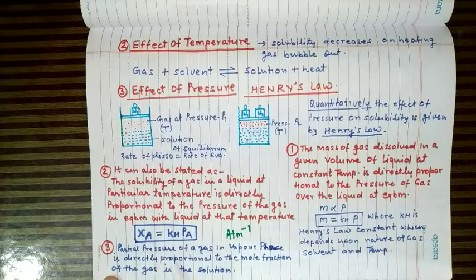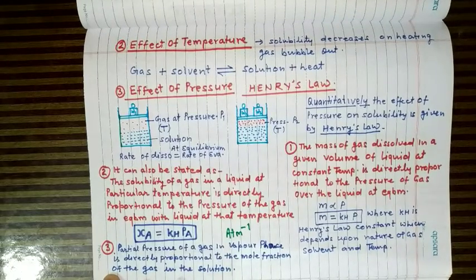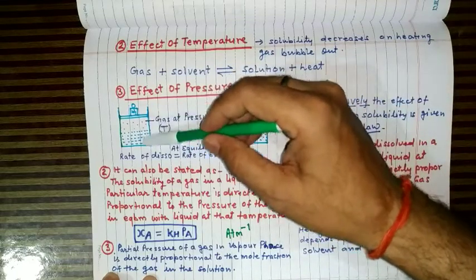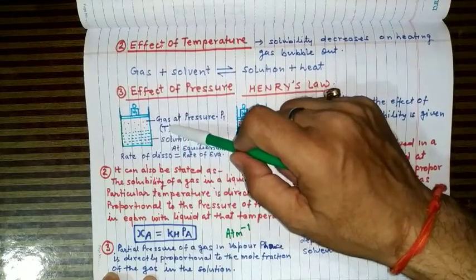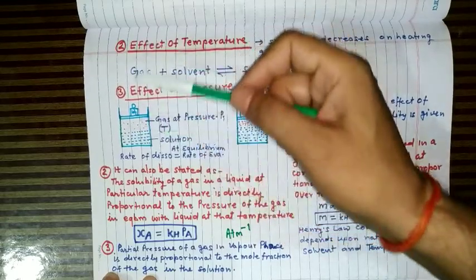Now, the most common way of stating Henry's law is this third way. The partial pressure of the gas in vapor phase is directly proportional to the mole fraction of the gas in the solution. Actually, Dalton as well as Henry were scientists of the same time, contemporary scientists. According to Dalton, if two or more gases are enclosed over any liquid at a particular temperature, then that gas will dissolve more in the liquid whose partial pressure is greater.